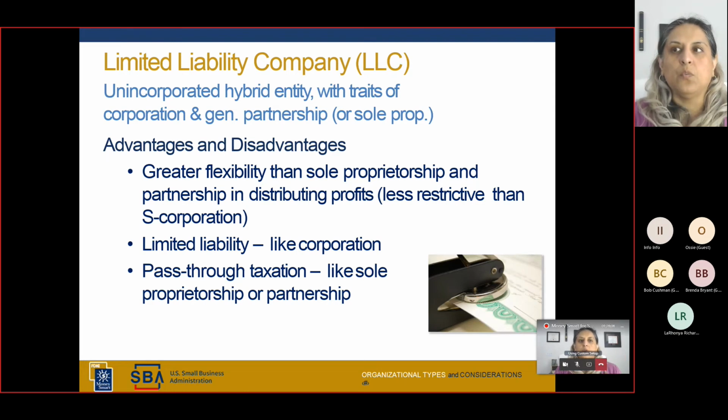Okay, so what you want to make sure of, when you say piercing the corporate veil, is that you don't take the money from the ministry and use it for your own personal stuff.